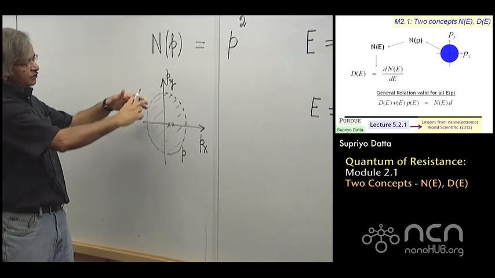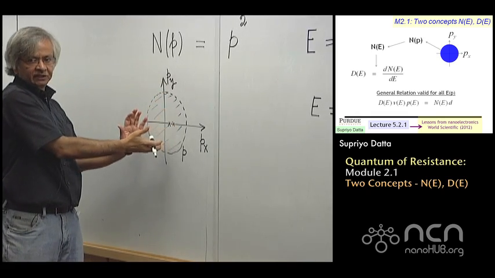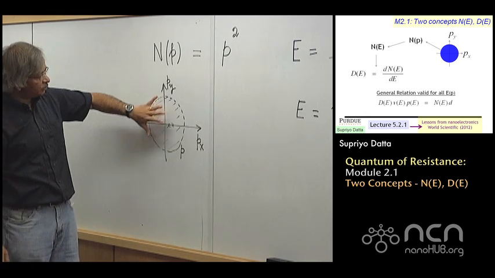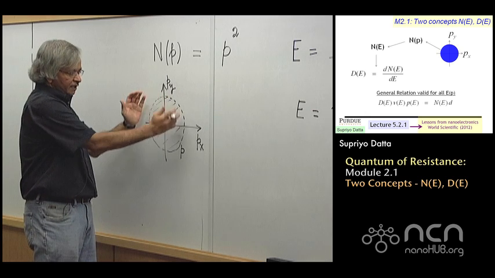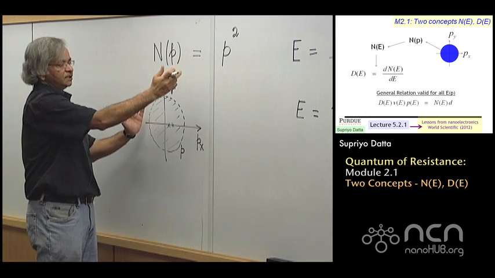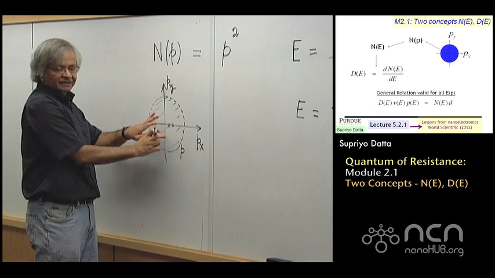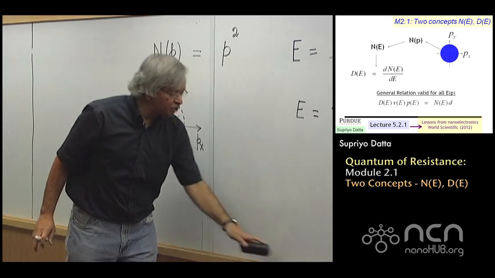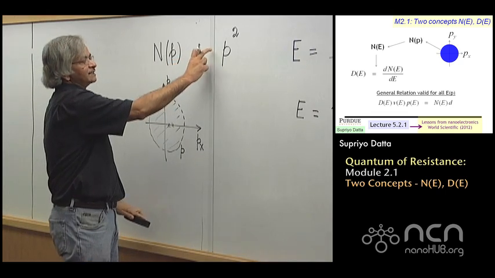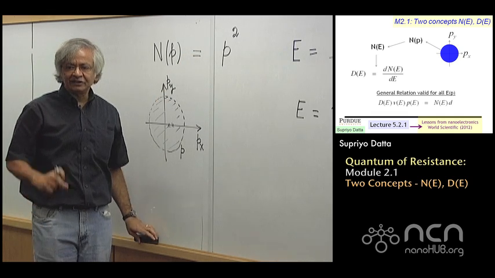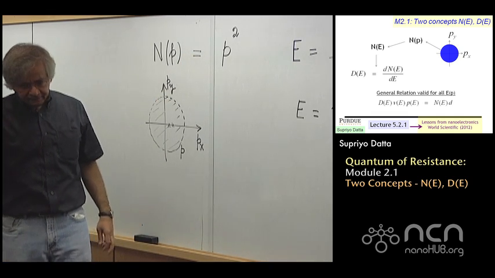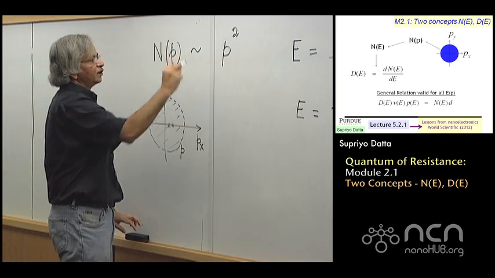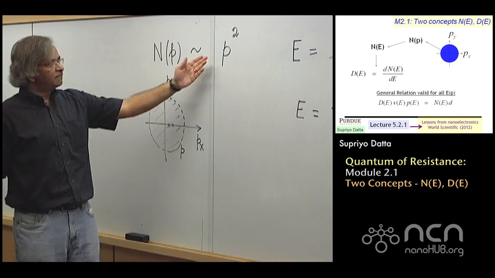Because if it's two dimensions, then the area of this circle is pi times P squared. So the area available is proportional to P squared. So if you assume that the states are uniformly distributed in here, then the total number of states you have should be proportional to P squared. Of course, exactly what constant goes in front, that's what we'll do in the next module.